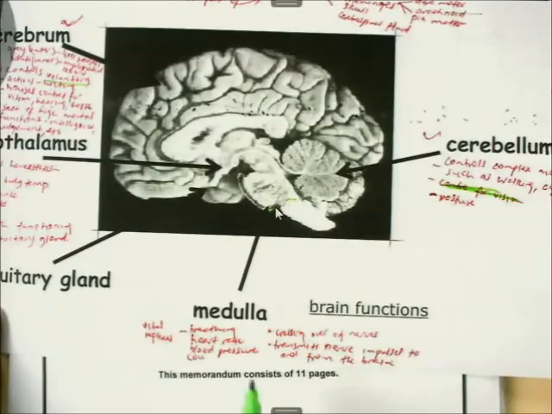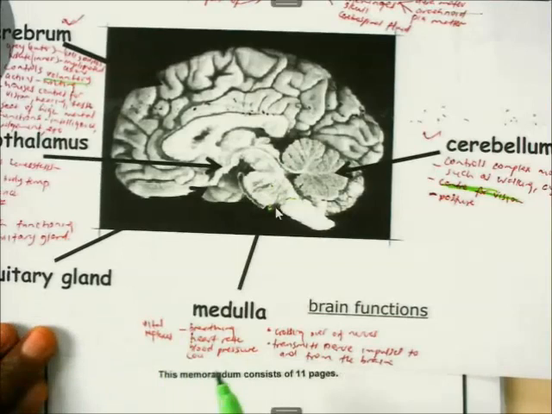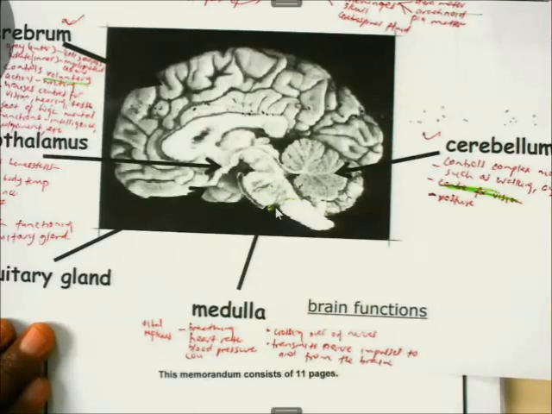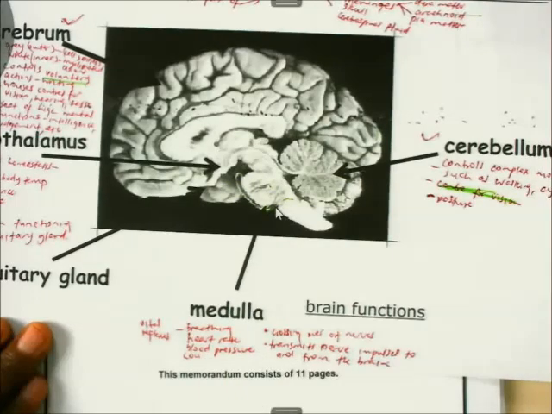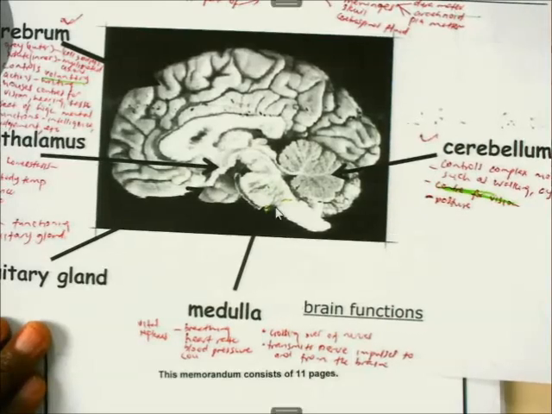So now, the medulla oblongata is regarded as a seat of important reflex actions such as breathing, heart rate, blood pressure. It is at the medulla again where the crossing of nerves takes place.